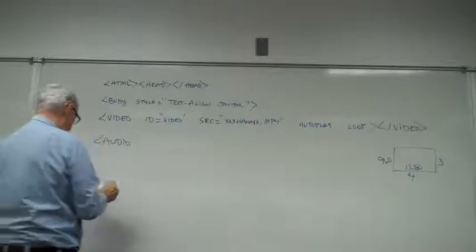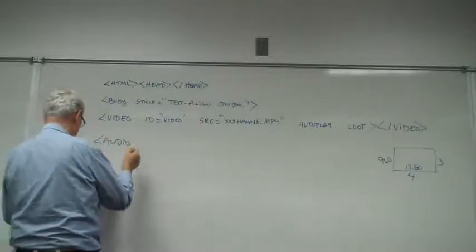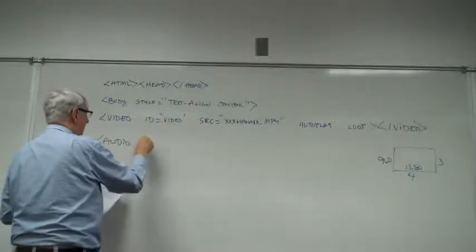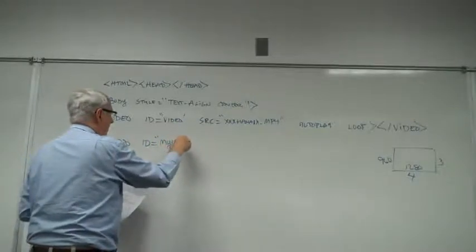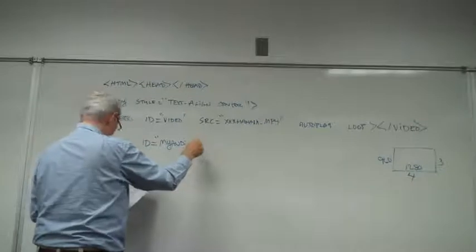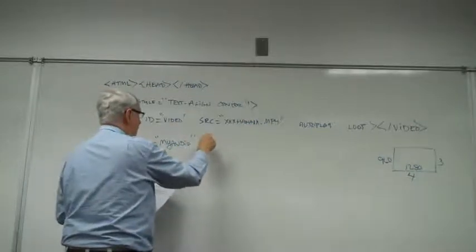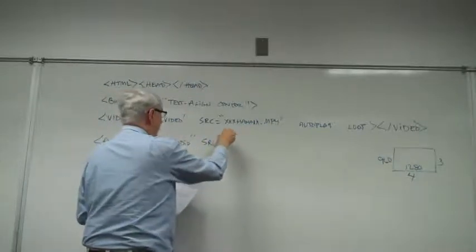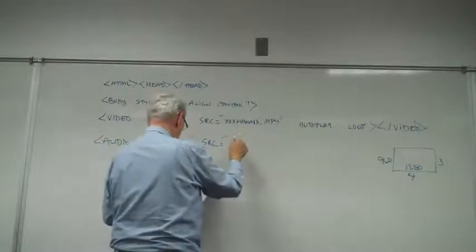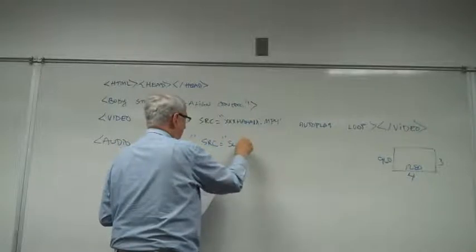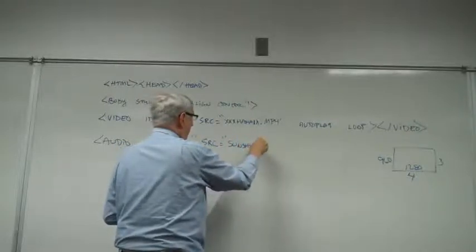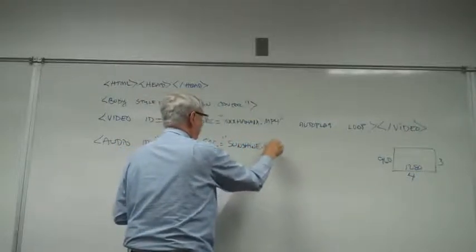This is an audio where you have some sound that you want. Give it any name you want here, it doesn't make any difference. And the source equals whatever you called the thing when you recorded it. Call it sunshine.mp3.